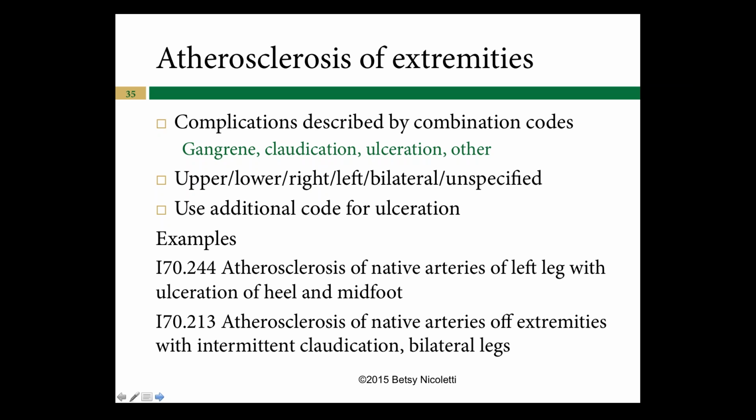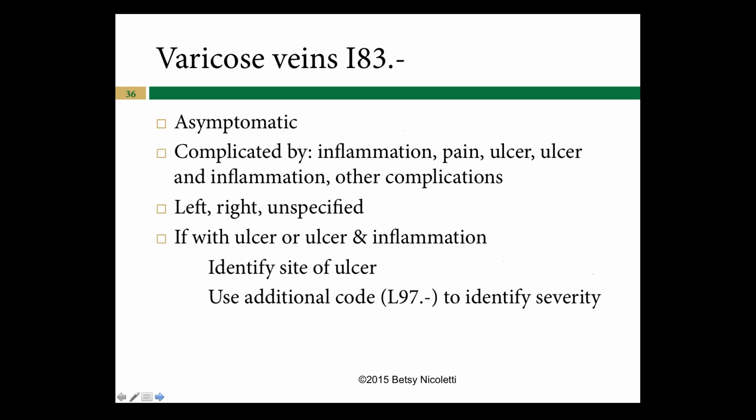We have these same kind of increases in specificity and distinctions for varicose veins in the I83 category, varicose veins asymptomatic, and of course we're going to have left, right, bilateral, and unspecified. We know where the varicose veins are though, so we're not going to choose unspecified.